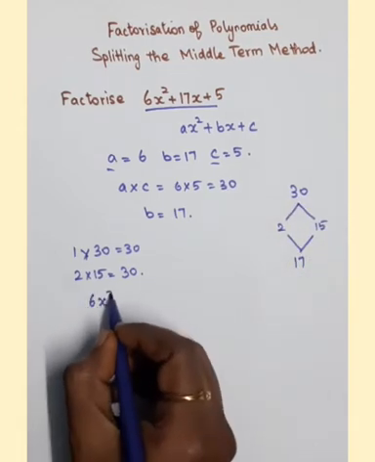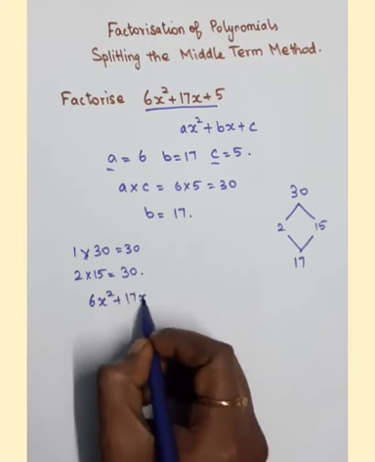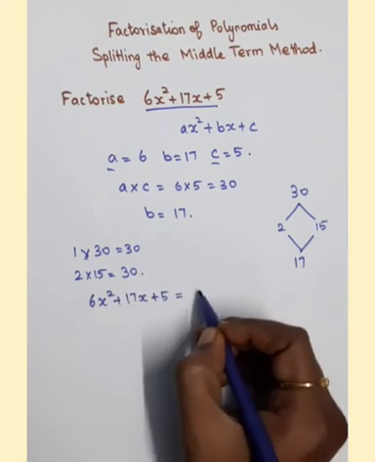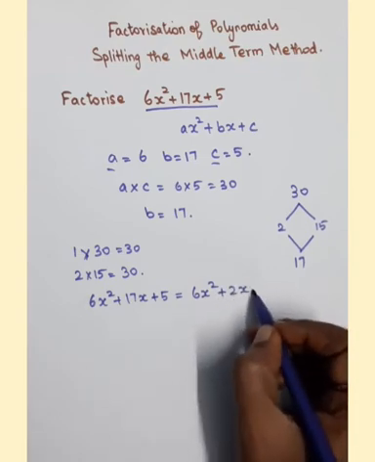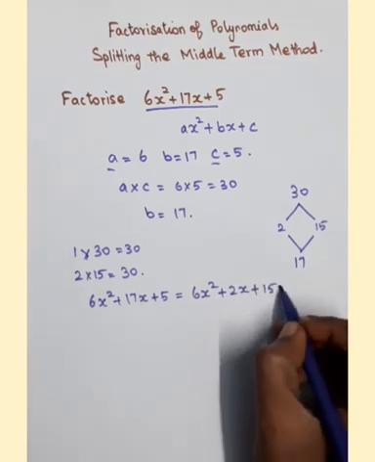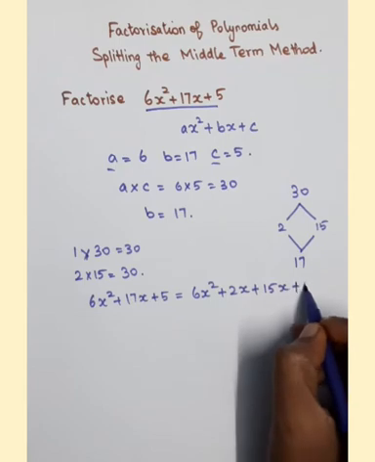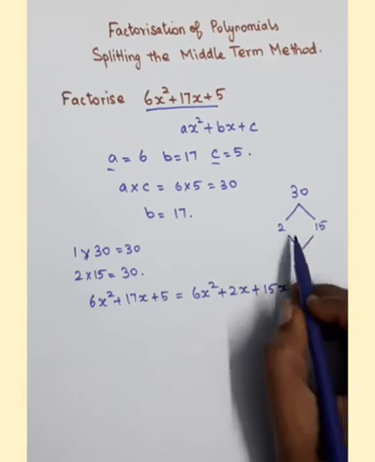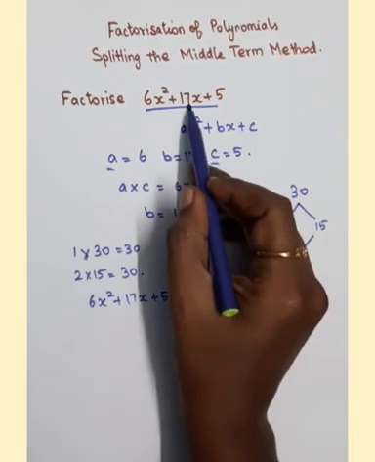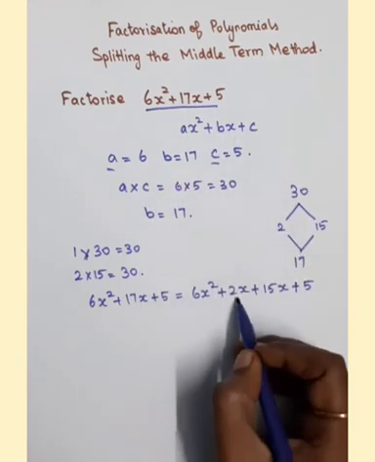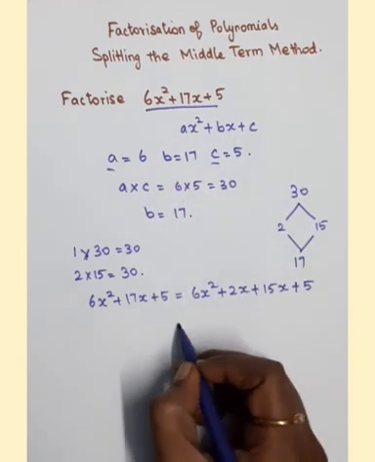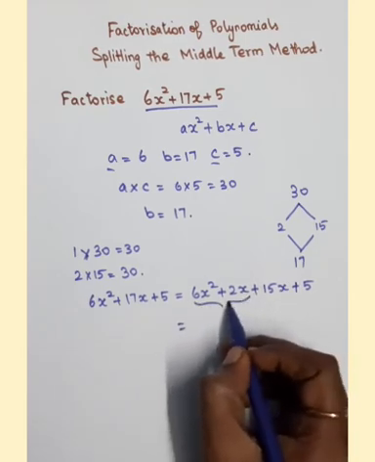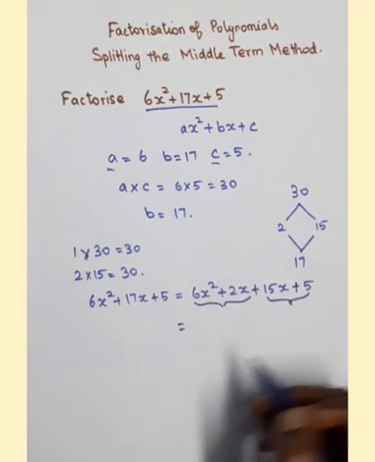So, 6x squared plus 17x plus 5 can be written as 6x squared plus 2x plus 15x plus 5. So we are splitting the middle term. The 17x can be split as 2x plus 15x. Now we'll group the first two terms and the last two terms.